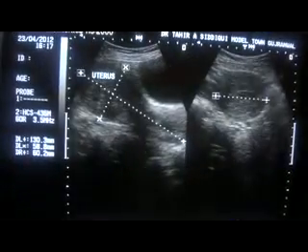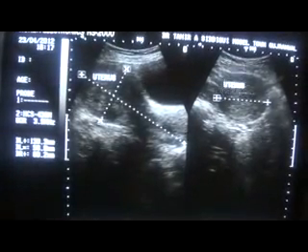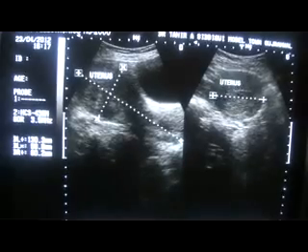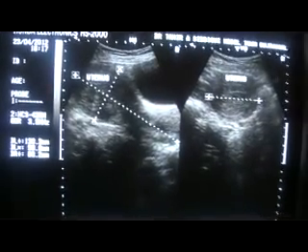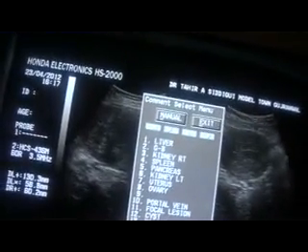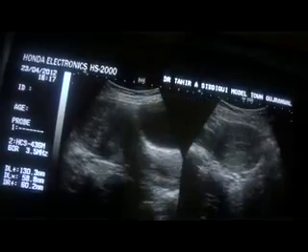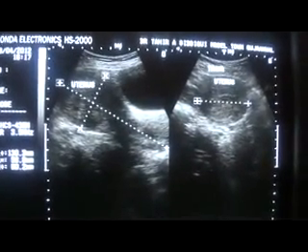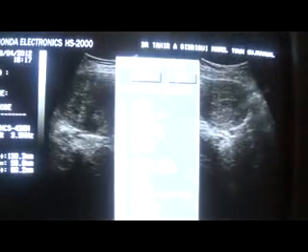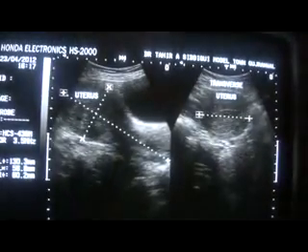Now moving upwards, let's see the fundal region and the endometrial canal. This white line that you are seeing is the endometrial canal. It is central, it is clear, and this is the fundus of the uterus.